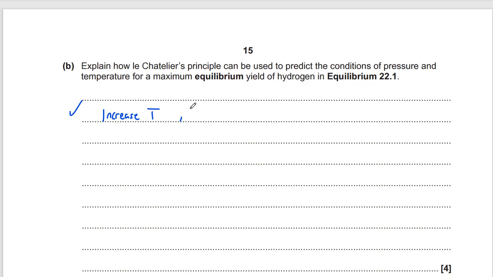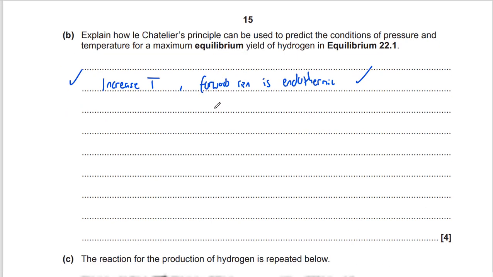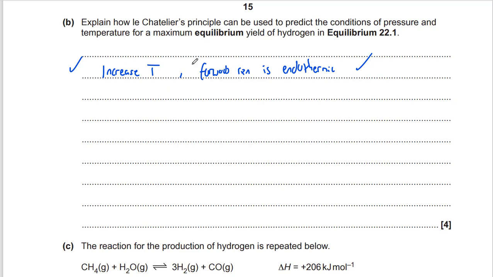And the second mark for temperature is explaining it. And all you got to say to explain it is because forwards reaction, reaction, is endothermic. That's it. Okay, 2 marks. Increased temperature because the forwards reaction is endothermic. That's 2 marks already. Bearing in mind, by the way, they've given you like 8 lines to write on. That gets you 2 marks.